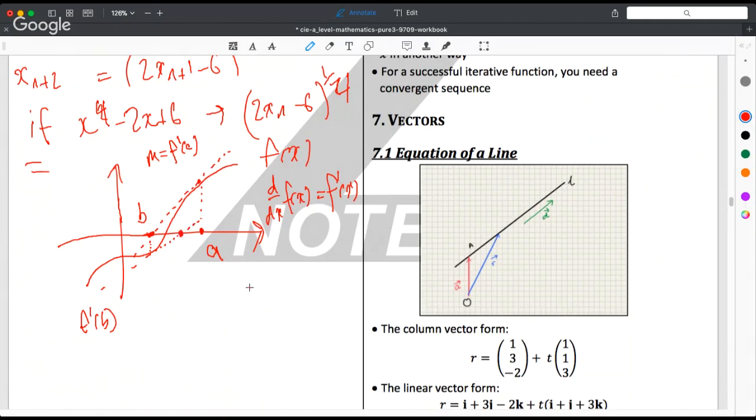To do that we'd use coordinate geometry: y minus y1 equals m of x minus x1. We know the gradients of the curves and a point it's at, so we can put it into the formula and find the x-intercept of this line. So that's how we'd get this point.